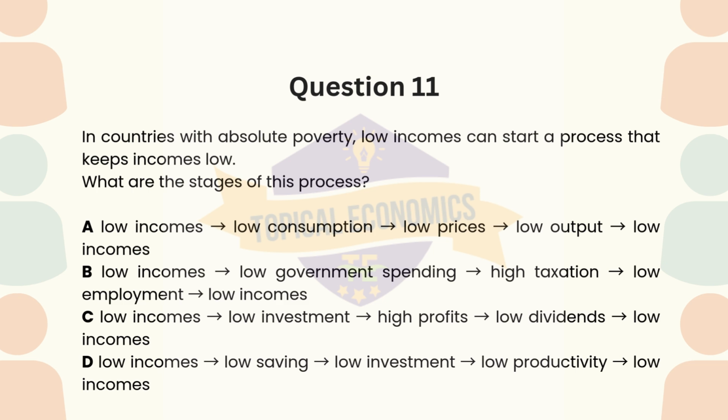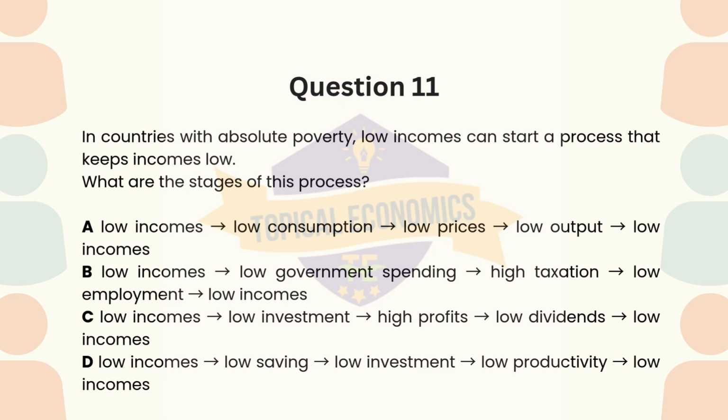Option A. While it starts correctly with low incomes leading to low consumption, the link to low prices and low output is less direct. Low prices can sometimes result from overproduction or lack of demand, but they do not clearly connect to maintaining low incomes in the same way as the other option, which is the correct answer, which we will look at in some time.